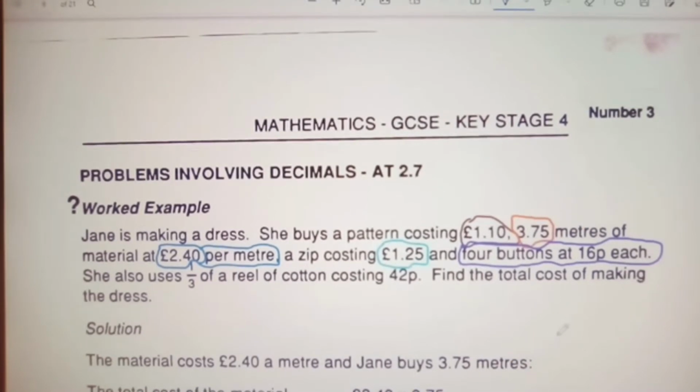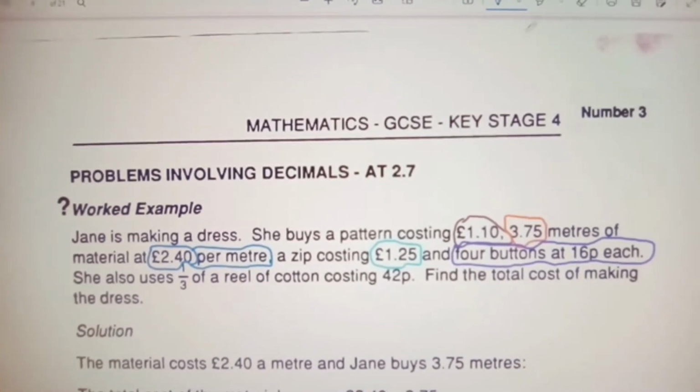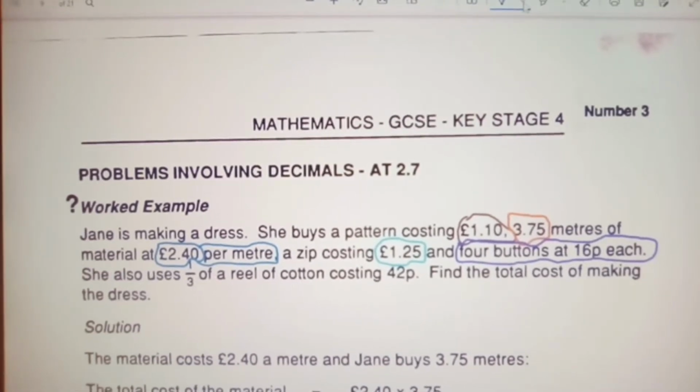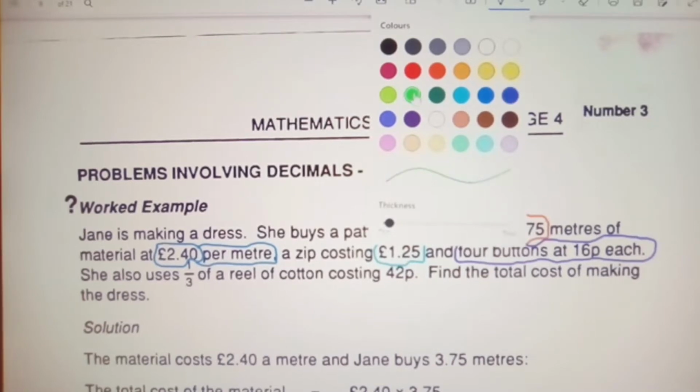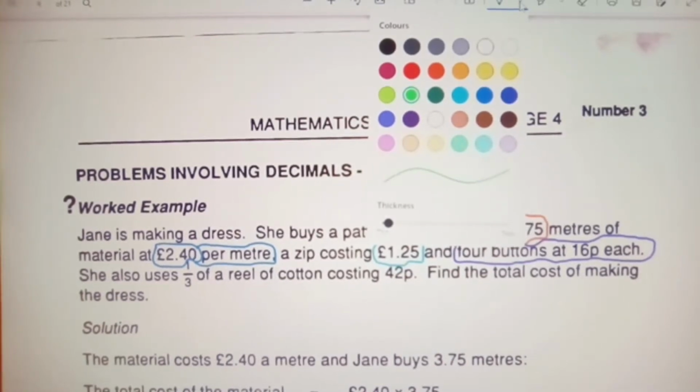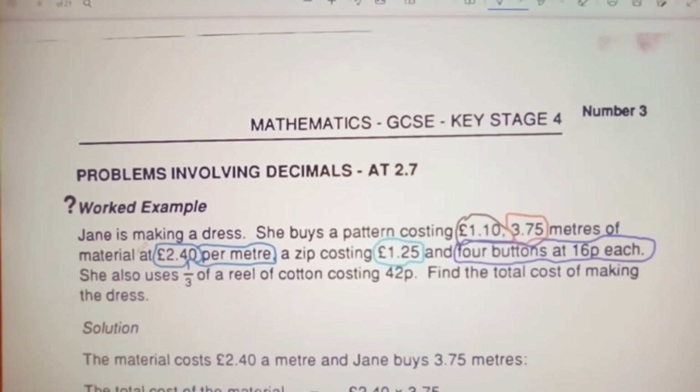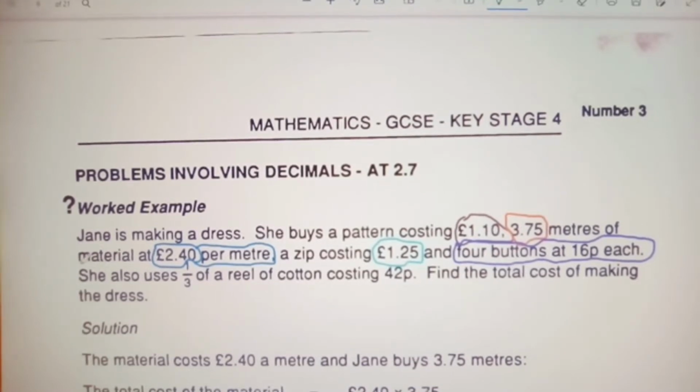Now she also uses 1/3 of cotton, so let's make sure we include that as well. 1/3 of cotton comes down to there and goes out to here.